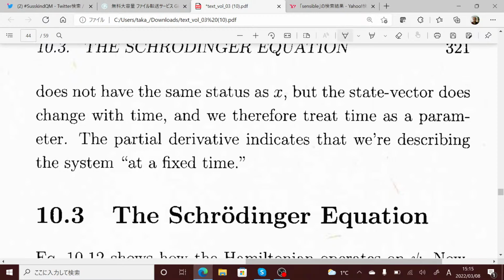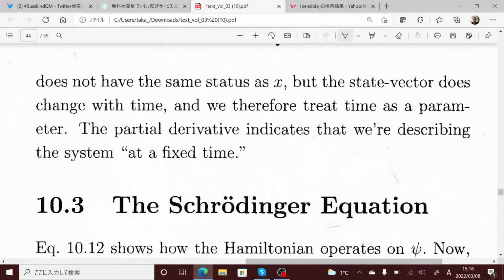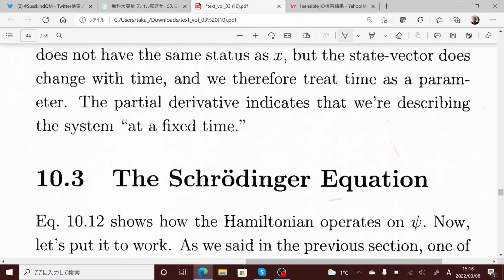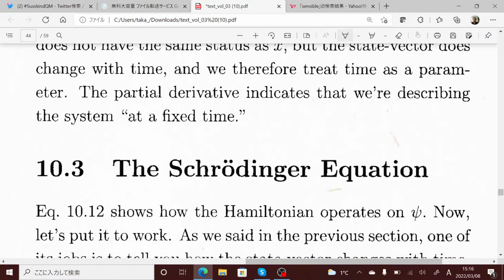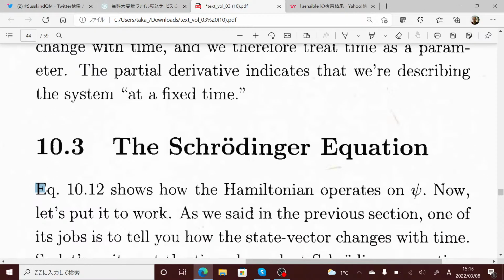But the state vector does change with time, and we therefore treat time as a parameter. The partial derivative indicates that we are describing the system at a fixed time.